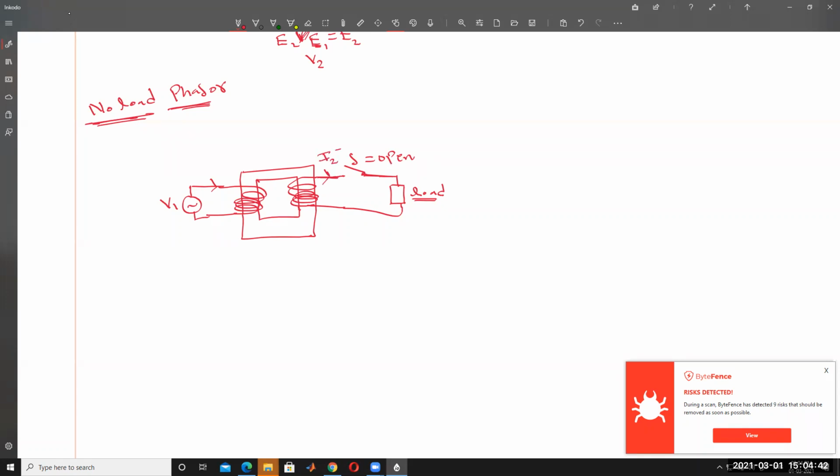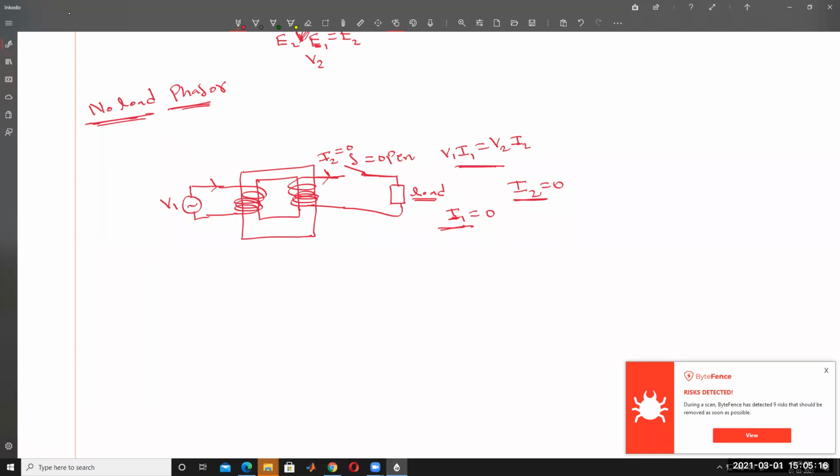Under no load condition, what is the current drawn from the transformer? I2 is equal to 0. Because I2 is equal to 0, you know well the relation V1 I1 equals V2 I2. Right or not? So if I2 is equal to 0, then I1 is also equal to 0. The current drawn from the primary side is also equal to 0, but the transformer has some winding resistance, and the transformer core is excited by some flux.